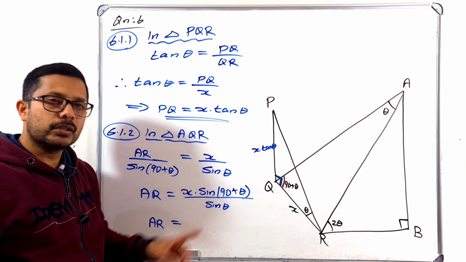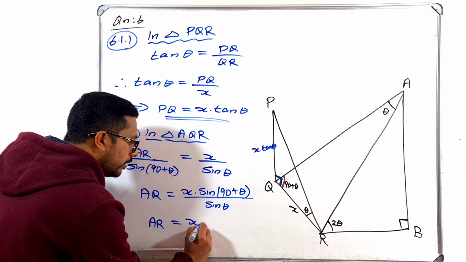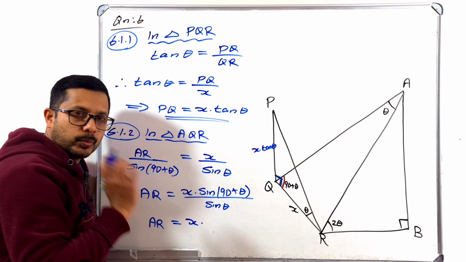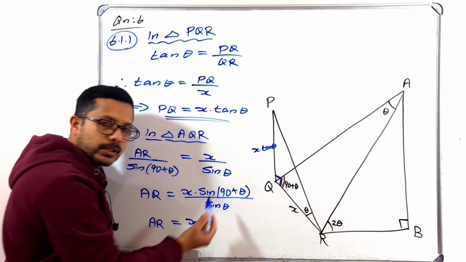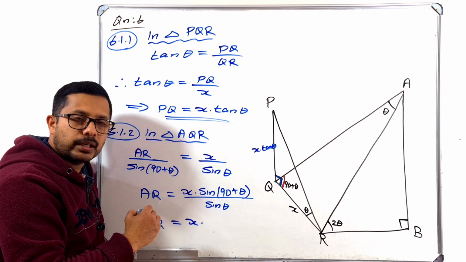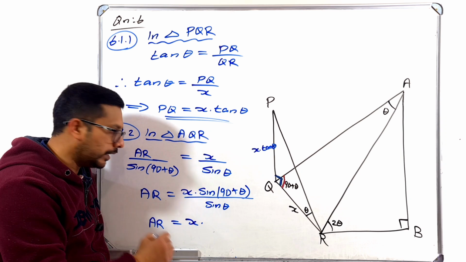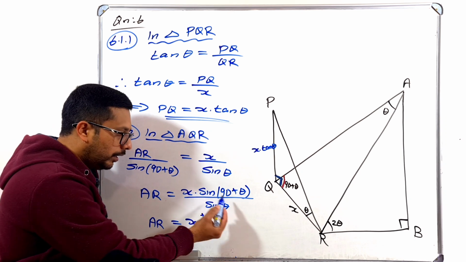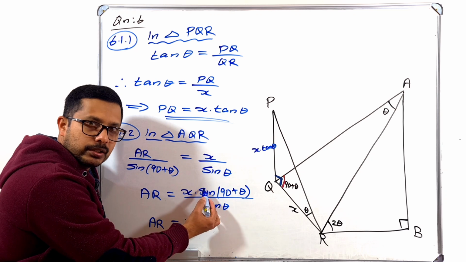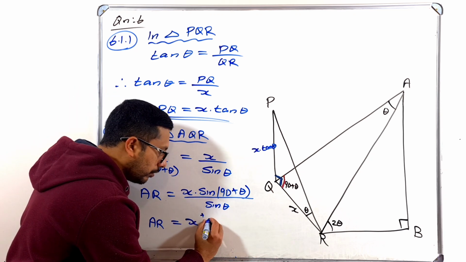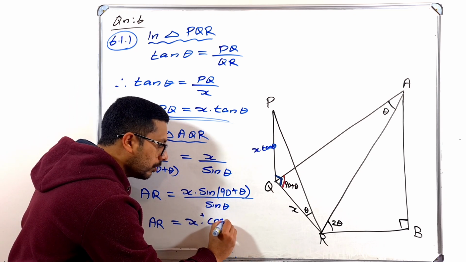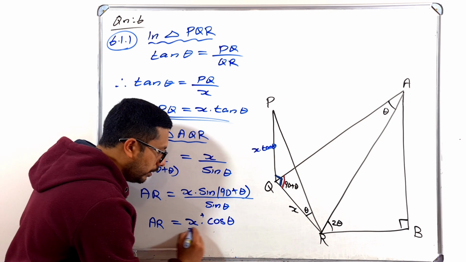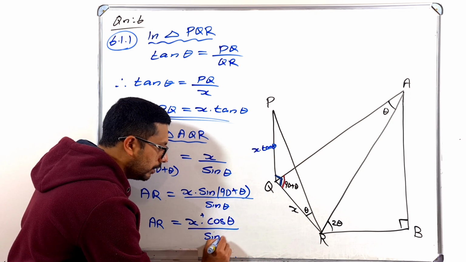Once more, listen: 90 plus theta is in the second quadrant. In the second quadrant, sine is positive. So it is positive. Then if it is based on 90, change the co-function. The co-function of sine is cos. So it is cos theta divided by sine theta.